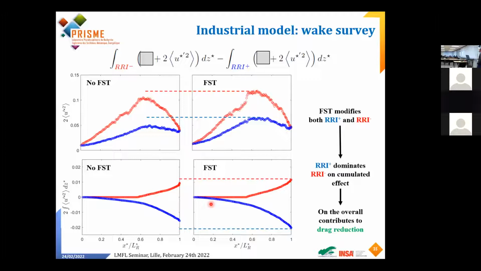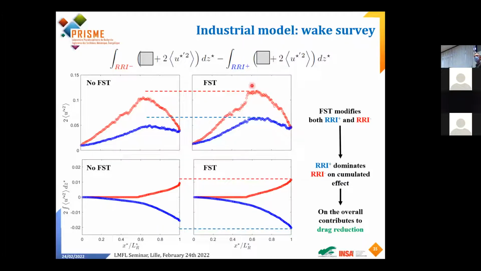Okay, now let's introduce free stream turbulence. The results on the left are the same as previously. On the right, I have the effect of turbulence. I have added dashed lines at the maximum value, just for you to see the difference between the curves easily.